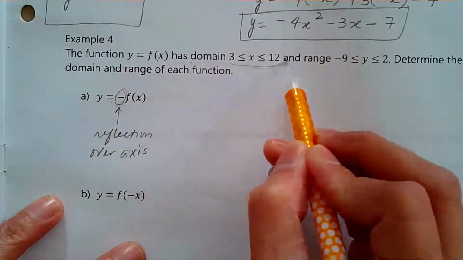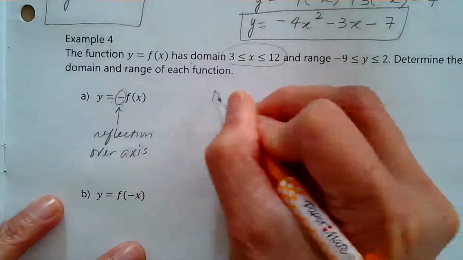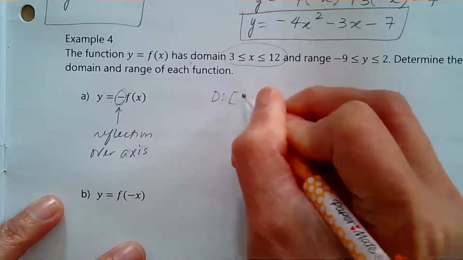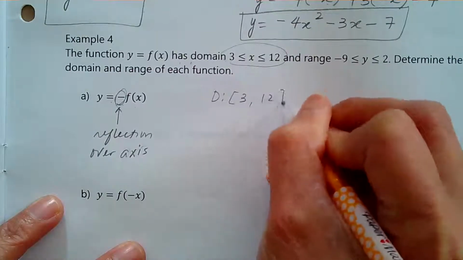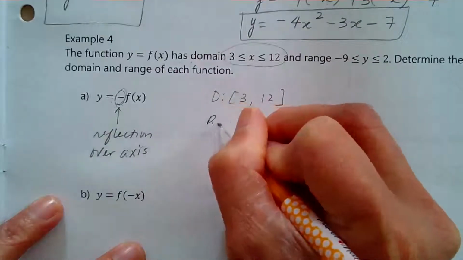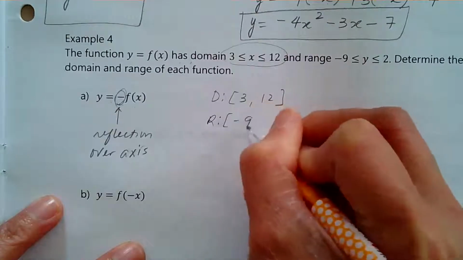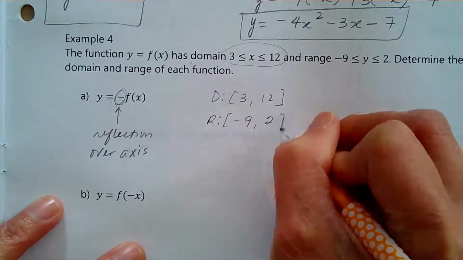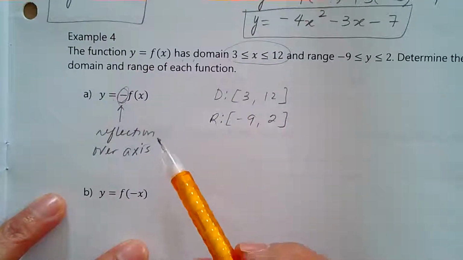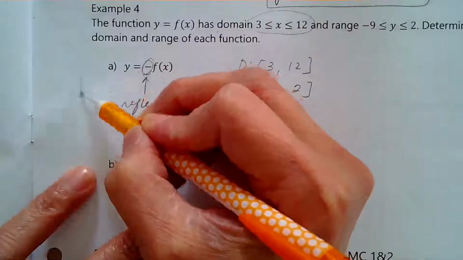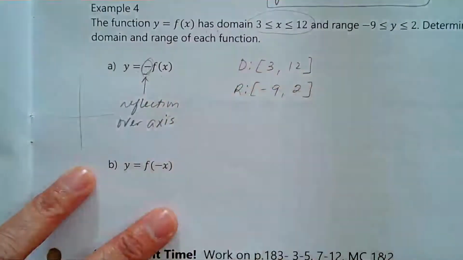So the original domain is from 3 to 12. The range is from negative 9 to 2. So if this is a reflection over the x-axis, sometimes I like to draw a picture myself.